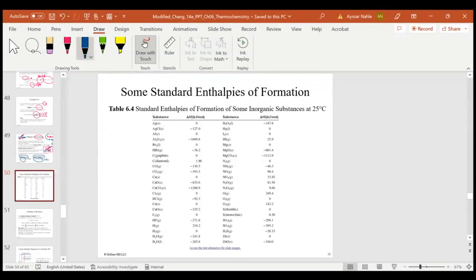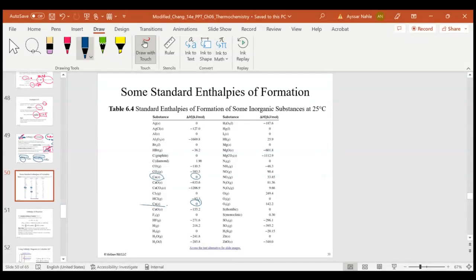Okay. Now, some standard enthalpies of formation. You don't have to memorize anything here. We have to give the standard enthalpy change of any compound, not any free element. Look at Ca. Ca is a free element, so that means 0. Free element is 0.